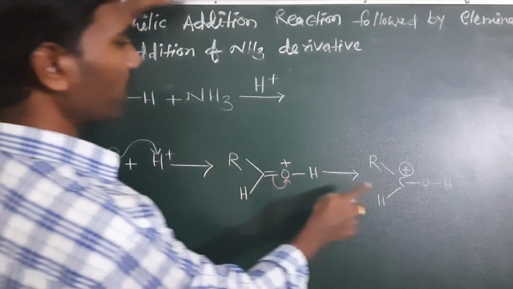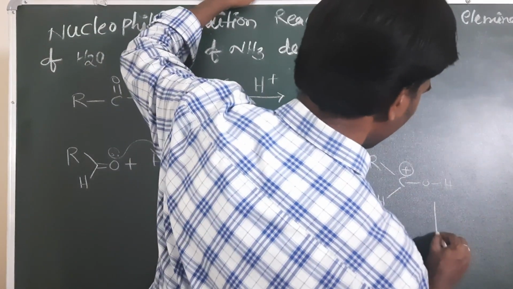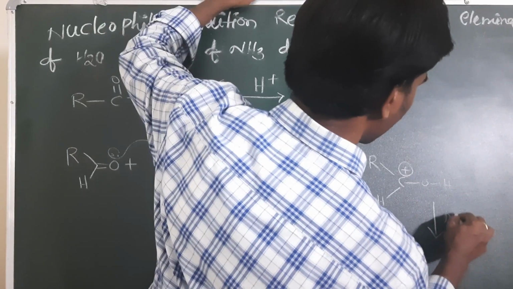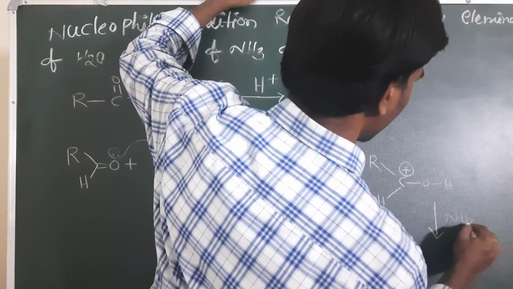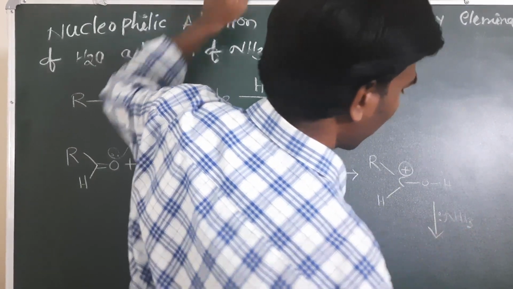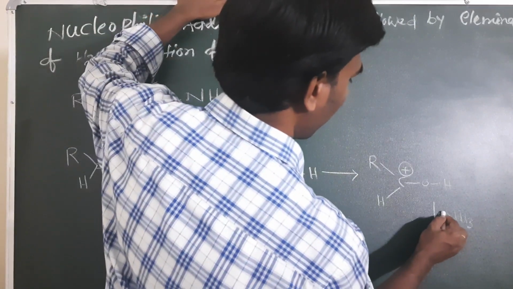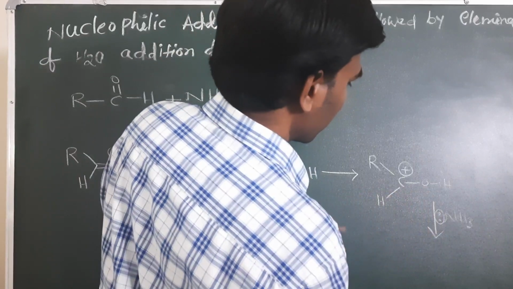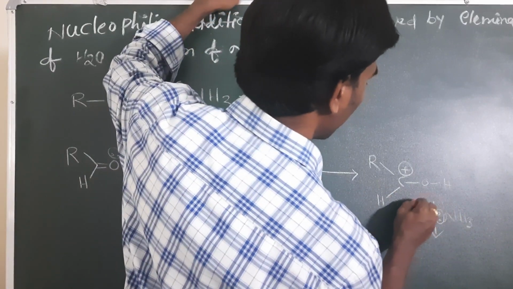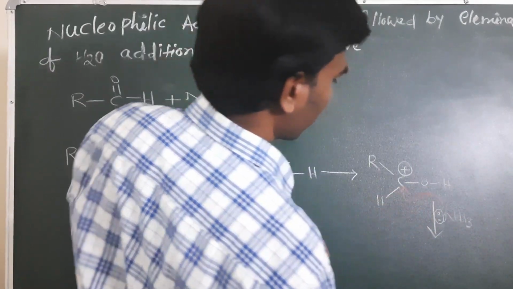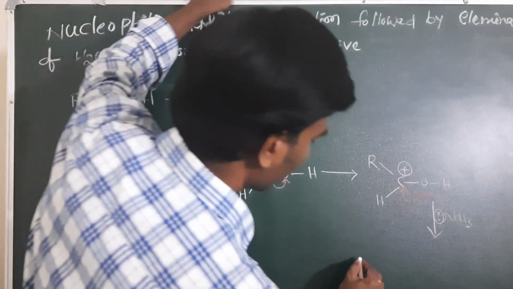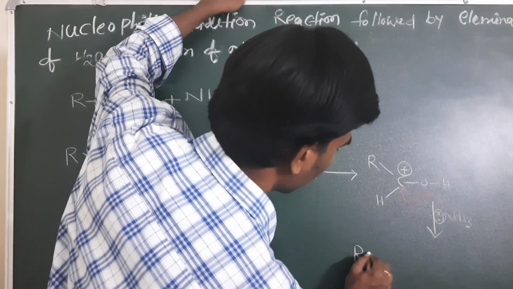Now ammonia will react with this electron deficient carbonyl carbon. NH3 has a nitrogen lone pair of electrons, so this nitrogen will act as a nucleophile. This nitrogen is going to attack this carbocation. When it attacks, we get RC with N, with hydrogens, and OH, like this.